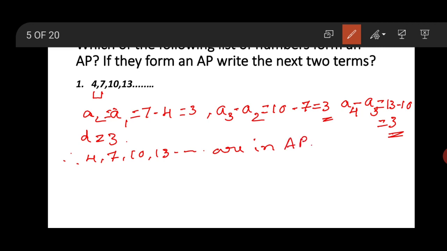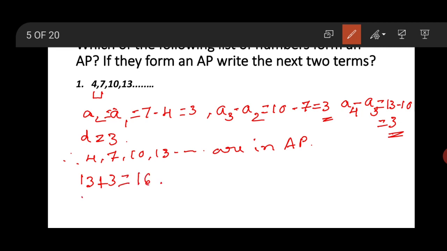How can you find out? If you need the next term, we have to add the common difference. Or if you want the previous term, you have to subtract the common difference. Now we want the next two terms. So what is the last term given here? In this example, 13 is the last term. 13 plus common difference, which is 3, is equal to 16.